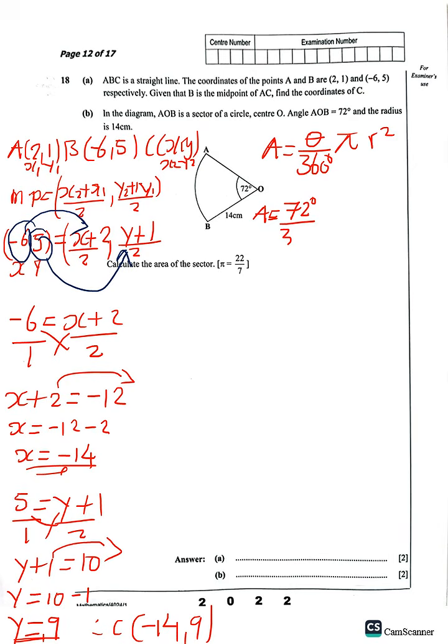Okay, so area is equal to theta, 72, over 360 times pi, 22 over 7, times radius, 14 times another 14. Now let's see how we can break these numbers. What two numbers here can we multiply to give us 72?